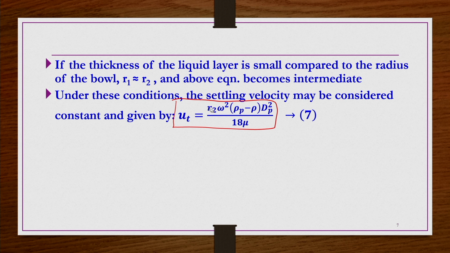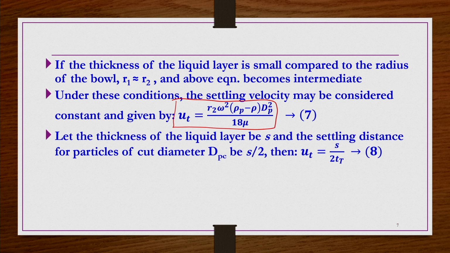Why R2, why not R1? Because we want the particles to be separated by hitting on the wall of the bowl. Because of that we take R2 rather than R1. So for conditions where R1 is approximately equal to R2, we can write ut as R2 omega square dp square (rho p minus rho) by 18 mu.